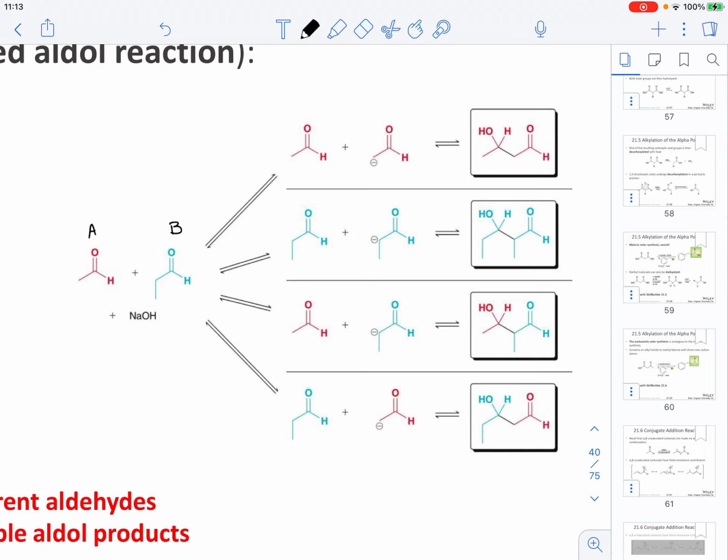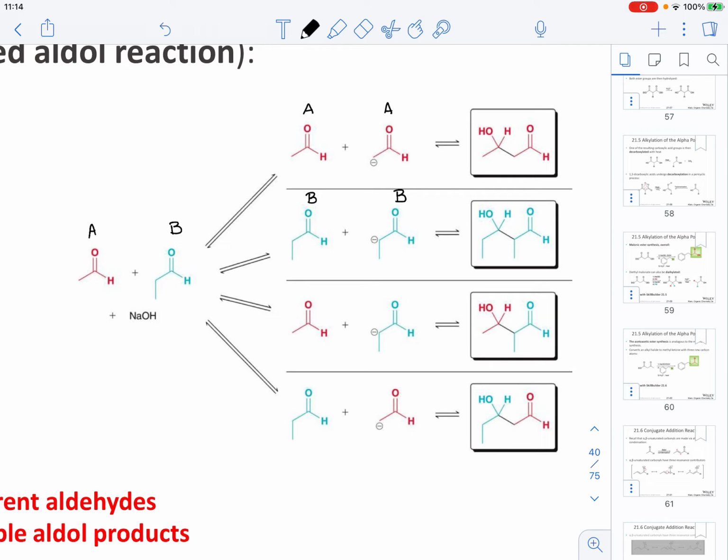Okay. In a mixed aldol reaction, you can envision a series of reactions happening in the vessel. In the first set, this is where we have A acting as an electrophile and A also being a nucleophile, forming an enolate. In the second set, we can envision B being an electrophile and B being a nucleophile because it's going to be forming an enolate.